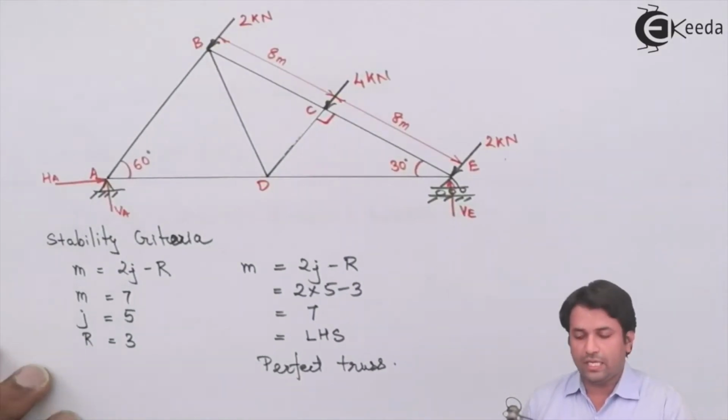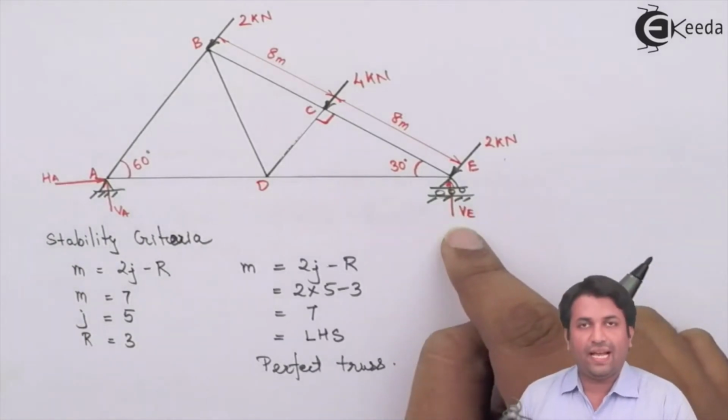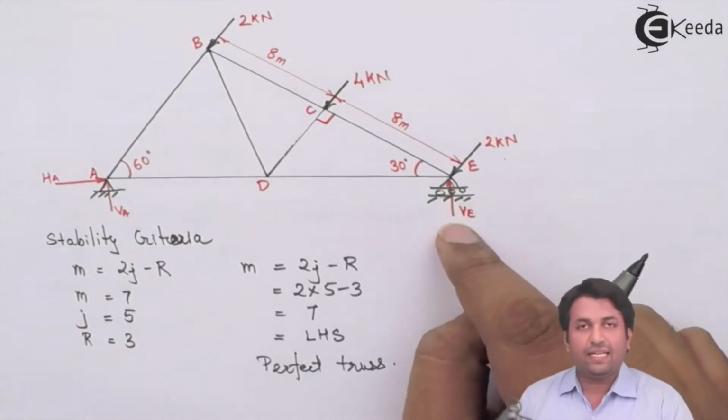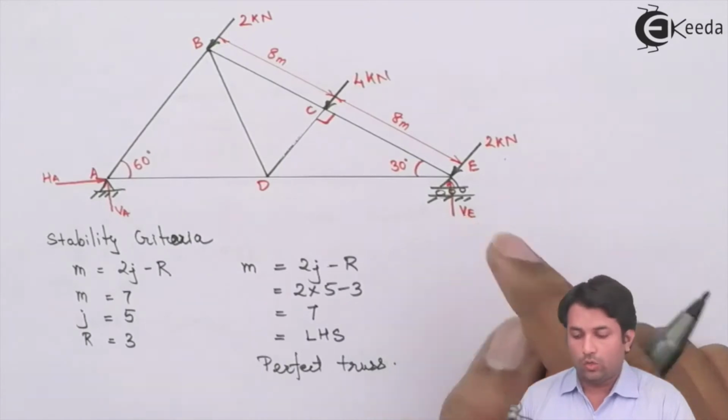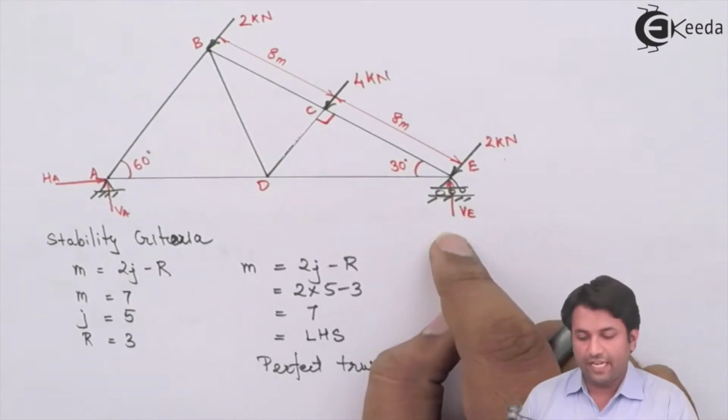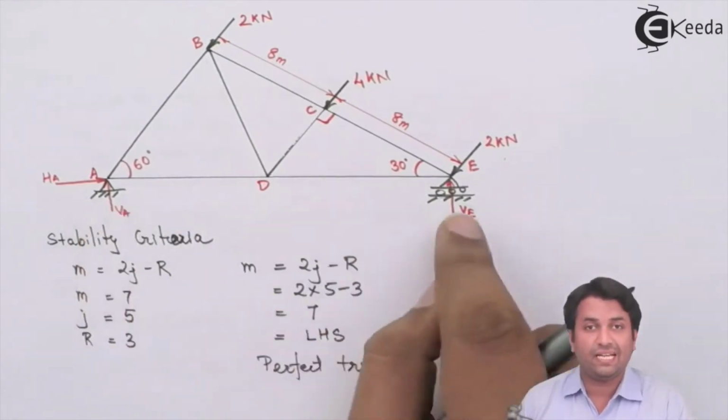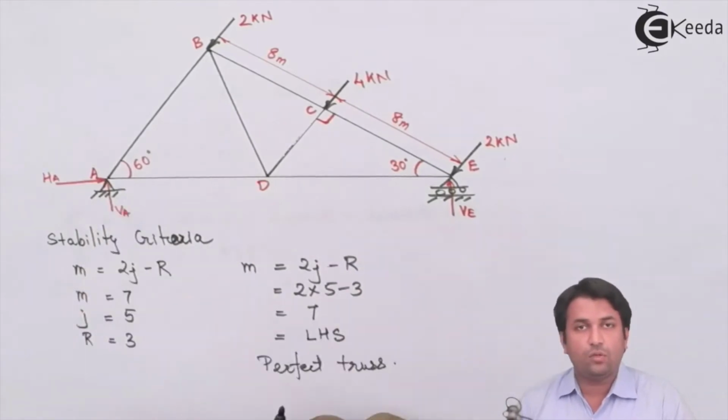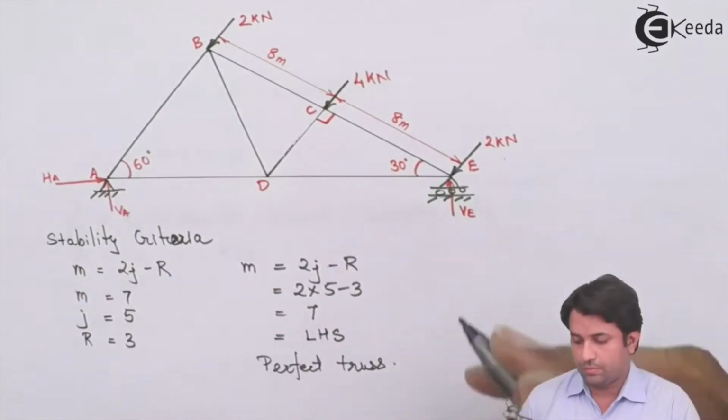Now, when you see the force of the reaction, that is VE, that creates an anti-clockwise moment. So for that, what we need to do is we need to find out the distance between A and E. To do that, we can use the trigonometric ratios.